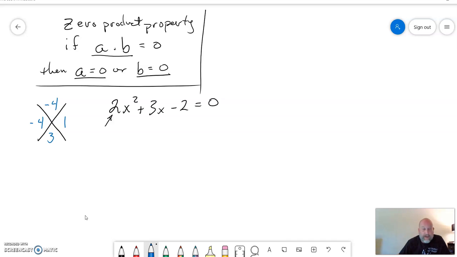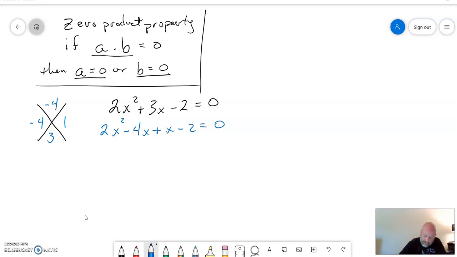I can see that I have negative 4 and 1 as my magic numbers here. Now in this case, we can't jump straight to that double bubble. What we have to do is split up the middle term. With these two numbers, negative 4 and 1, we can rewrite this as 2x squared minus 4x plus x minus 2.